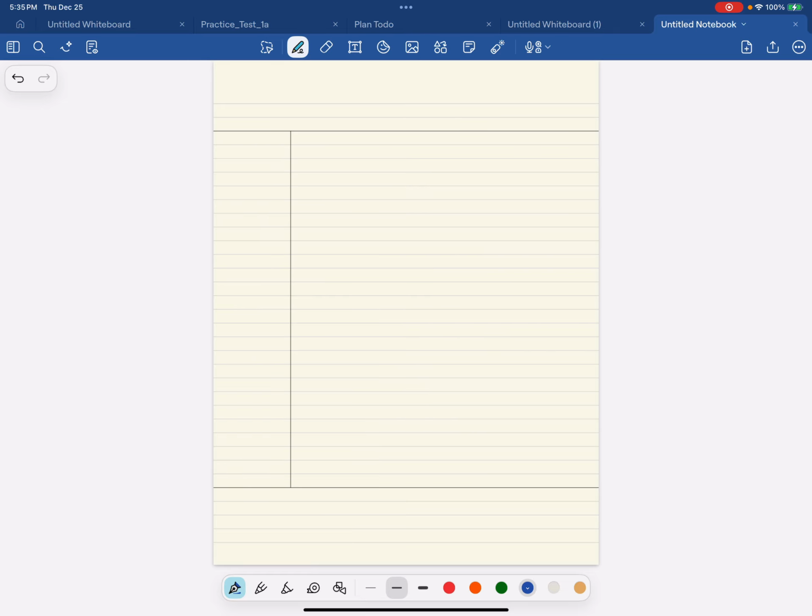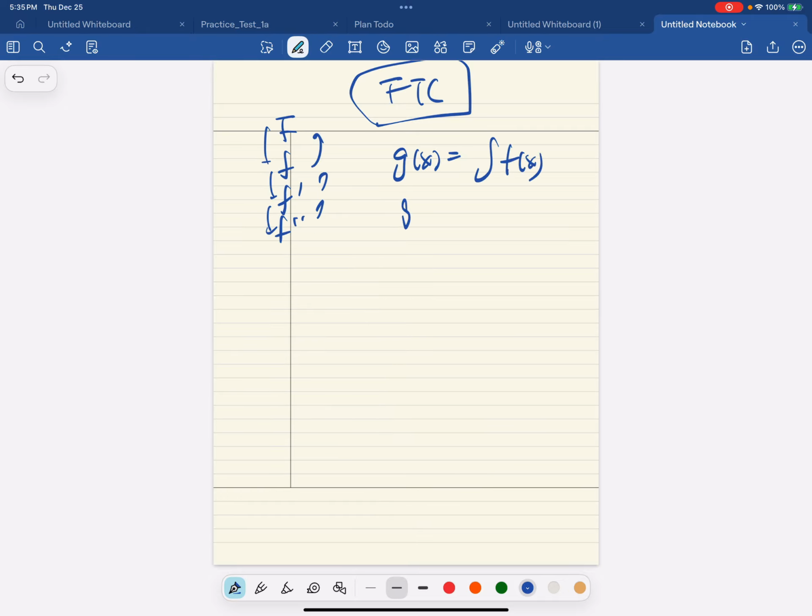There is the fundamental theorem of calculus and some questions related to that, but as long as you understand this concept of going up and down, every time being slope, area, slope, area, you'll be fine. They will tell you, if g of x is equal to the integral of f of x, what is g prime of x?